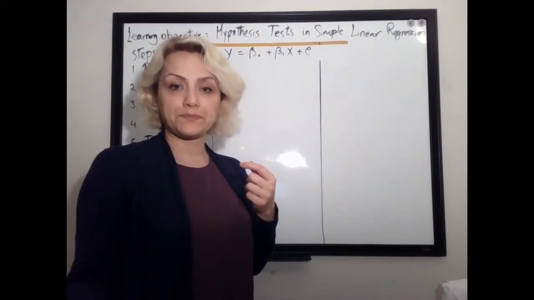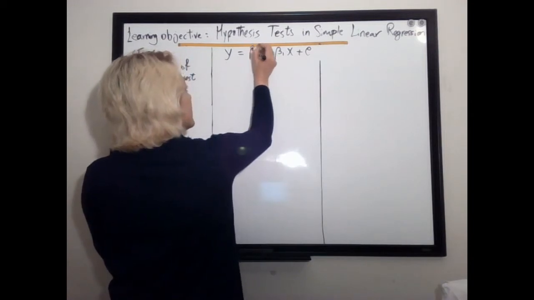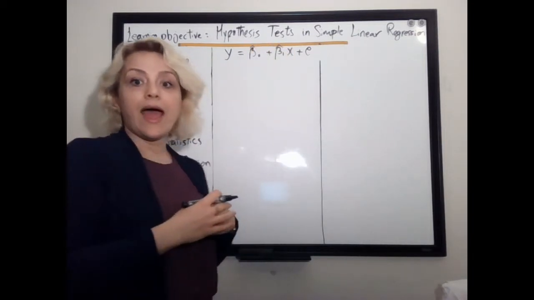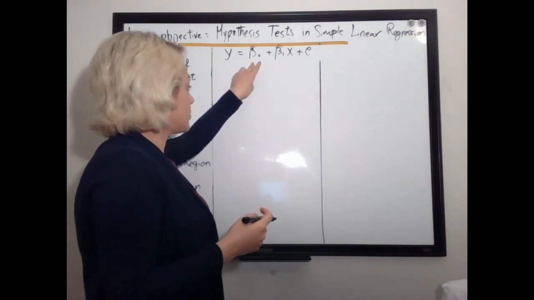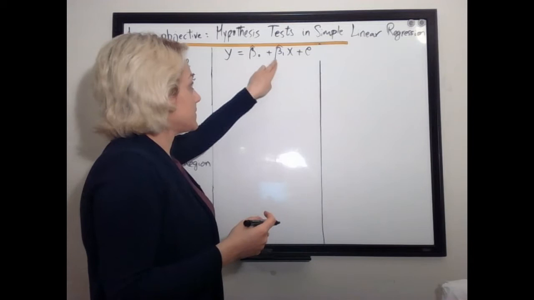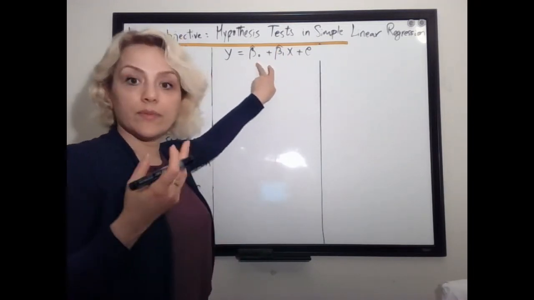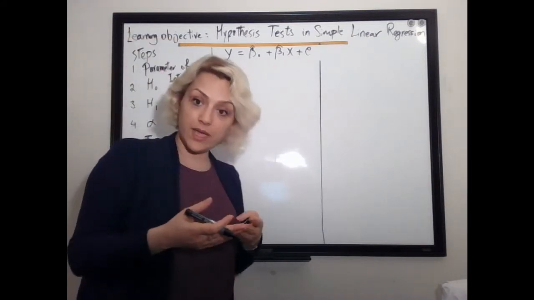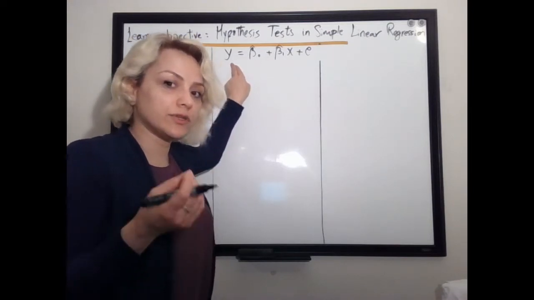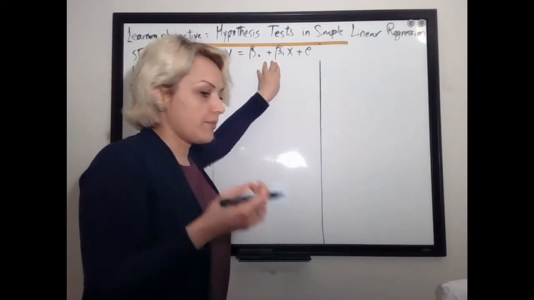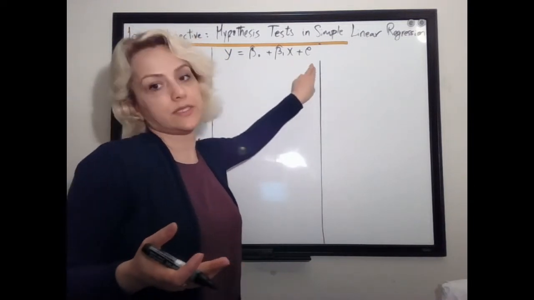So beta null estimate plus beta 1 estimate times x is equal to the y estimate. In fact, the actual value of y is equal to our predicted value, which is the result of our regression model, plus the residual, right?